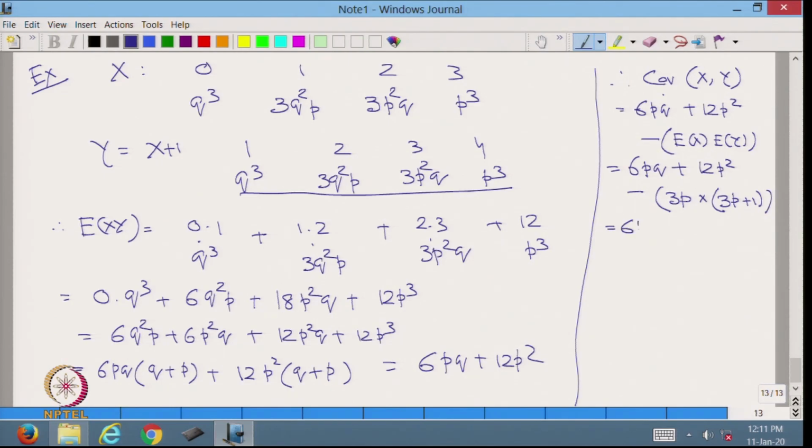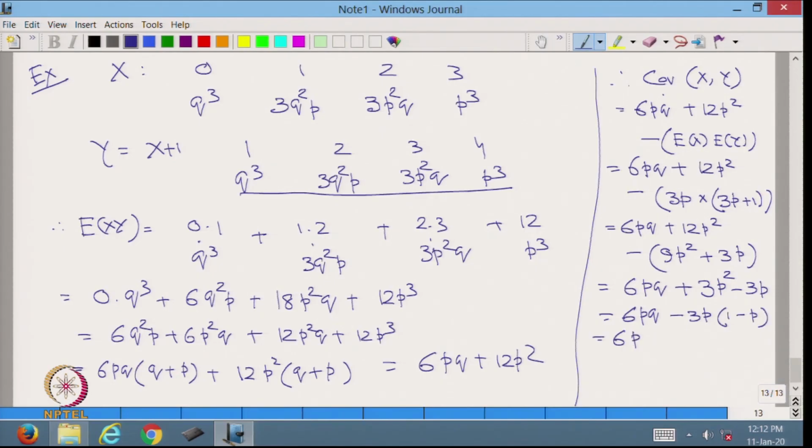So this is 6 p q plus 12 p square minus 9 p square plus 3 p, which is equal to 6 p q plus 3 p square minus 3 p, which is equal to 6 p q minus 3 p into 1 minus p, which is equal to 6 p q minus 3 p q, which is equal to 3 p q.